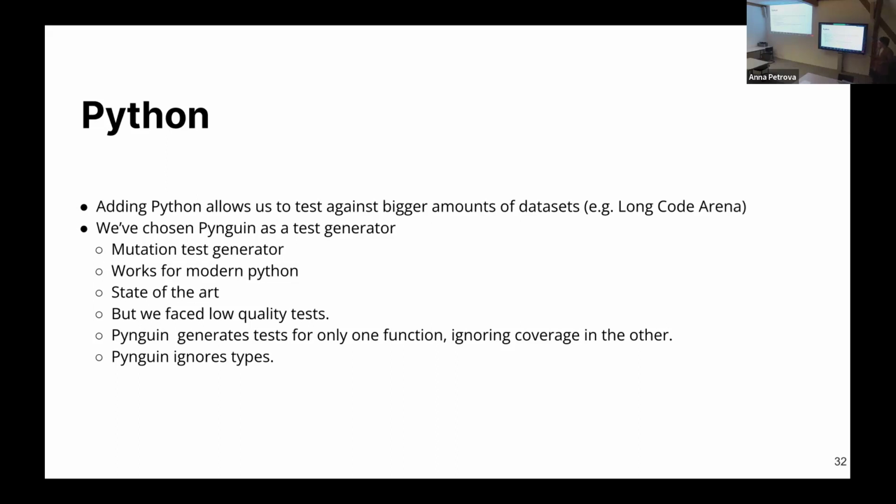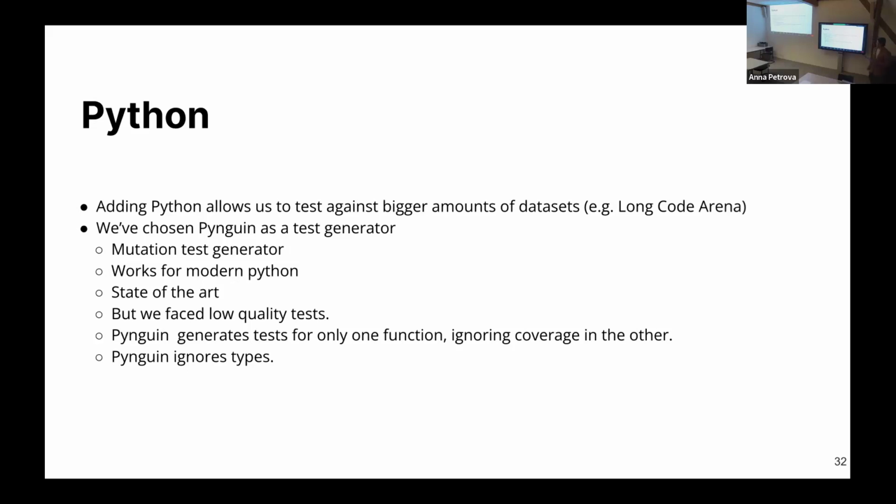It's a mutation test generator, and it's state-of-the-art technology for now in the Python community. And it supports modern Python, so it's good because we had some problems with the Java version in the datasets earlier. So for now we will not have any troubles with it.